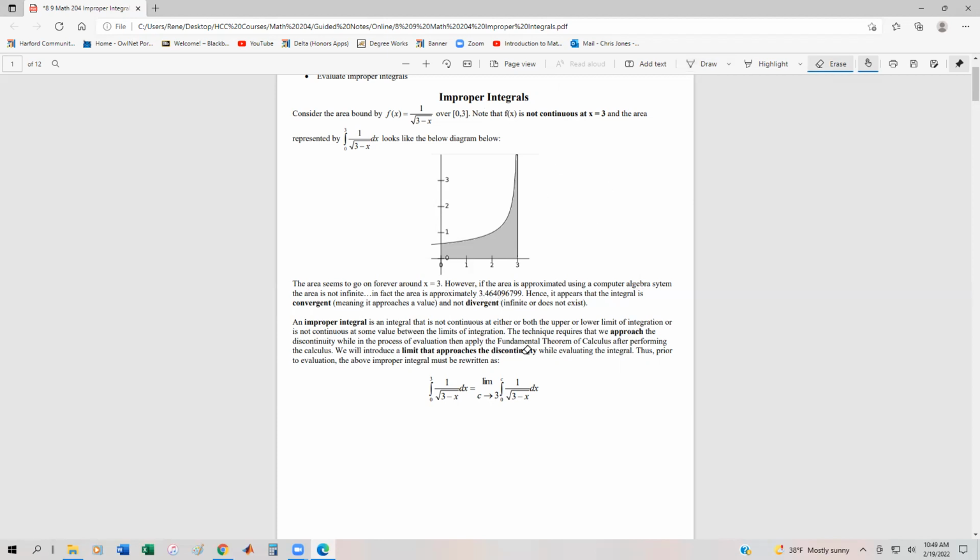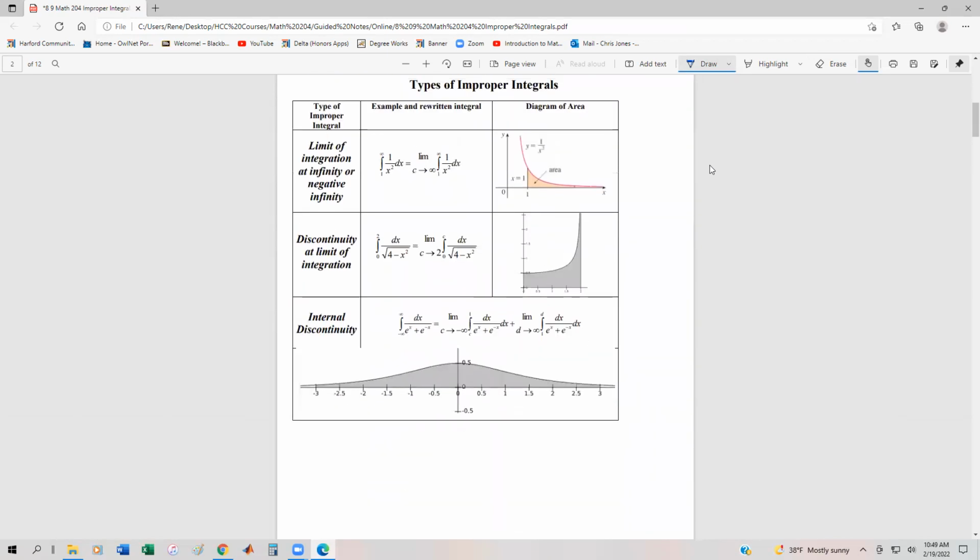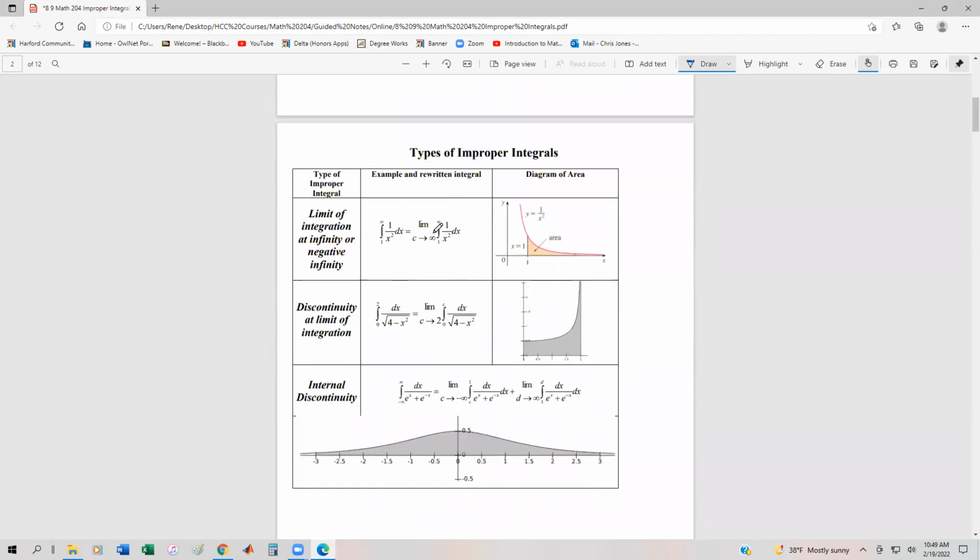In this video, we're going to look at the various types of discontinuities and try to evaluate integrals. There are three types, one of which is an infinite discontinuity, where the value approaches negative or positive infinity. Like we saw before, there might be a discontinuity at one of the endpoints.